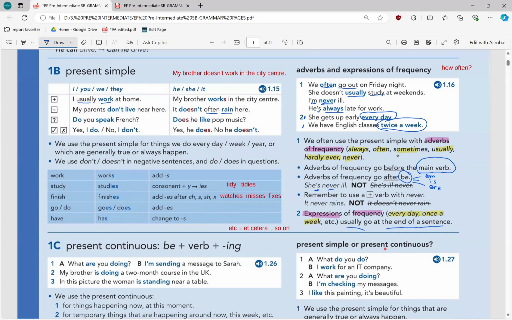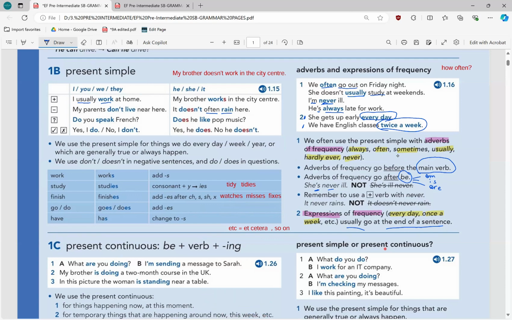Like every day she gets up early, or twice a week we have English classes. But the normal place for expressions of frequency is at the end of the sentence, guys. And that's it. Now we're going to move to the exercise part of it.